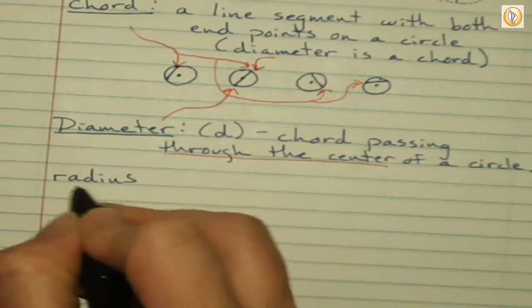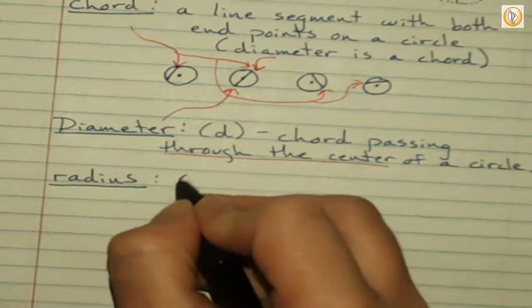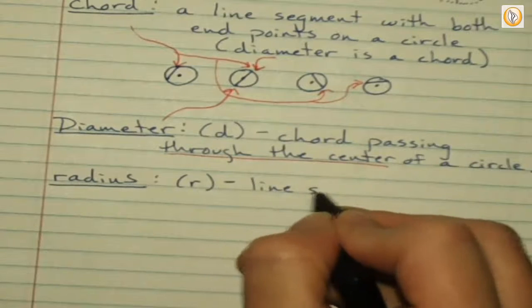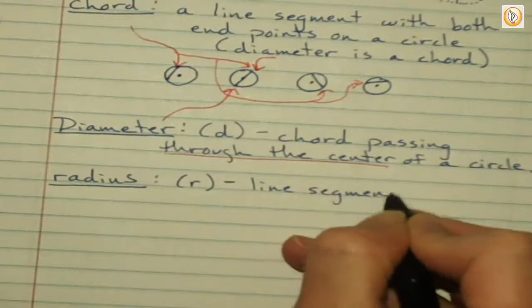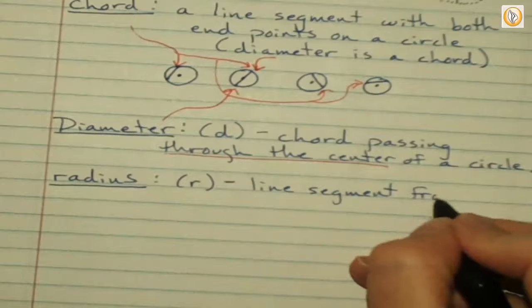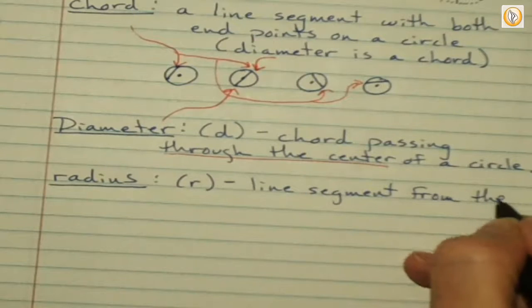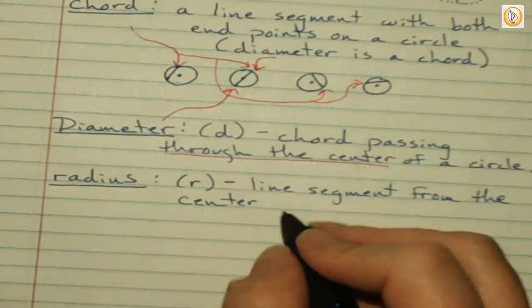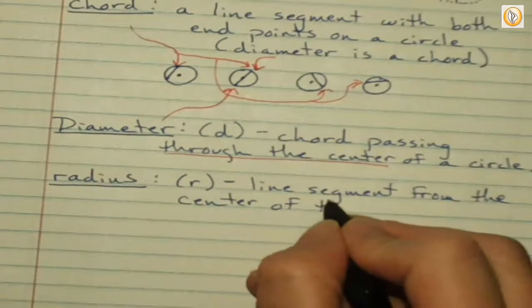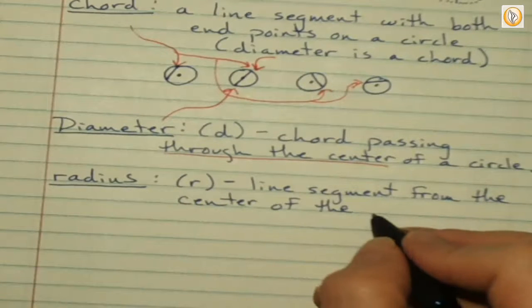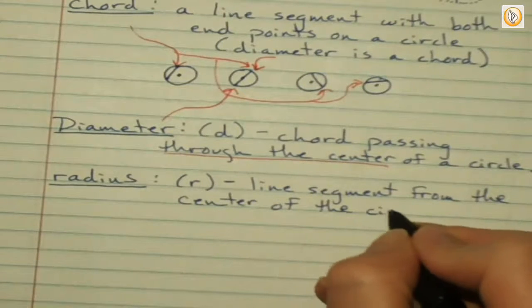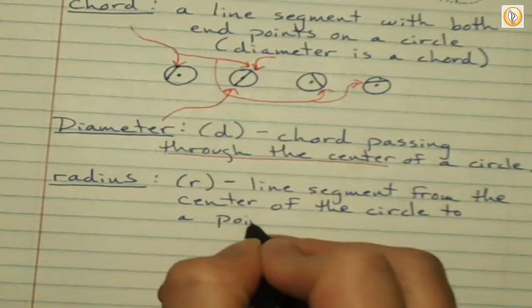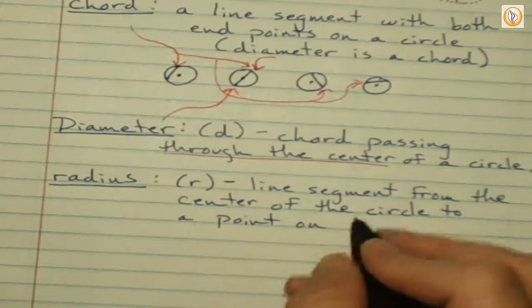Then you have your radius. We're going to call it R. It is a line segment from the center of the circle to a point on the circle.